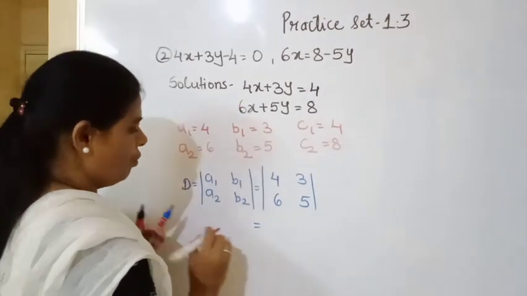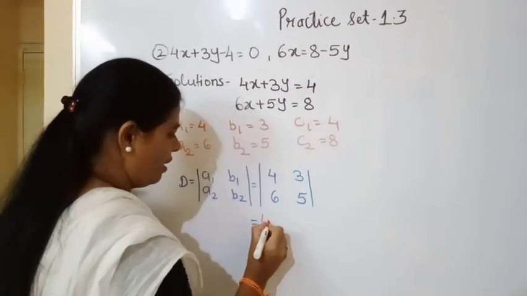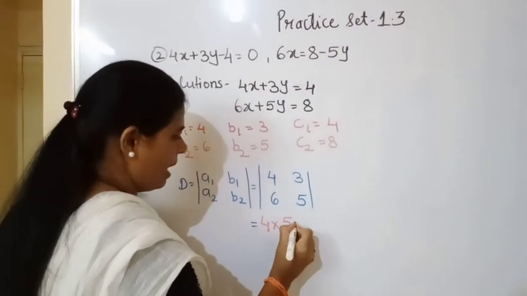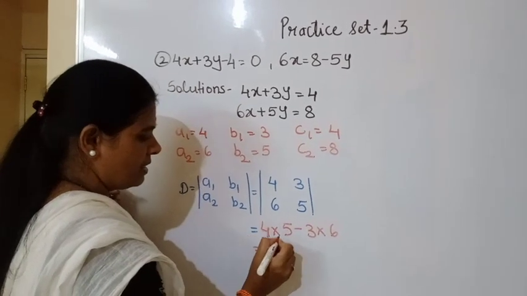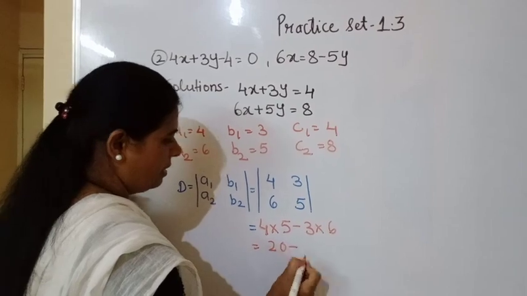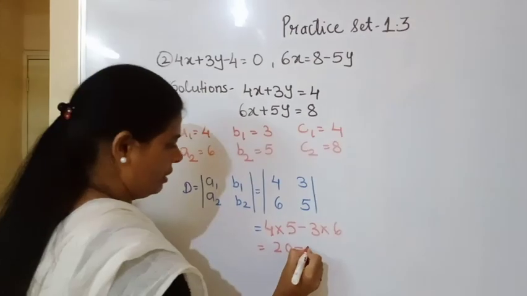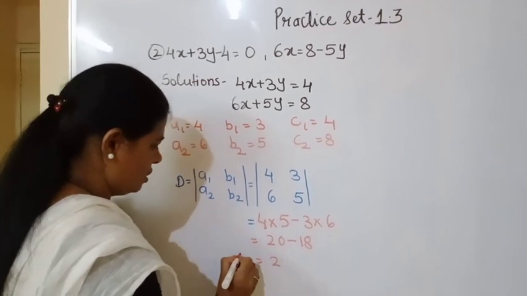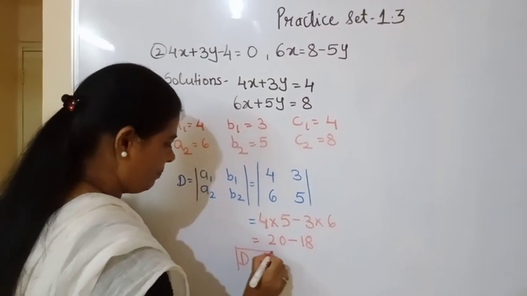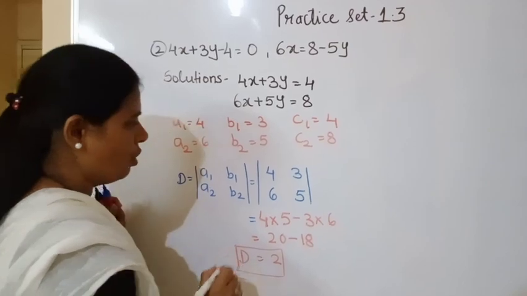So it will be 4 into 5 minus 3 into 6. So 4 fives are 20 minus 3 sixes are 18. So 20 minus 18 is 2. This is the value of d.